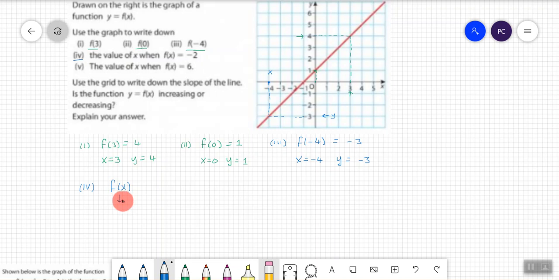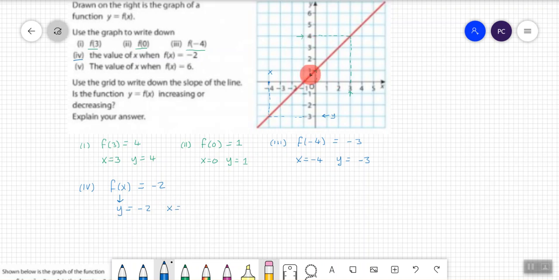We could just call that y. So what it's now saying here is, instead of giving us the x value, it's giving us the y value. So when f(x) is equal to -2, what's x equal to? Or another way of saying is when y is equal to -2, what's x equal to?